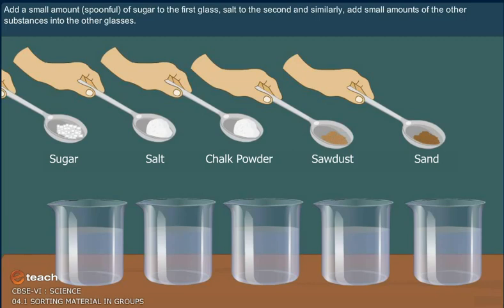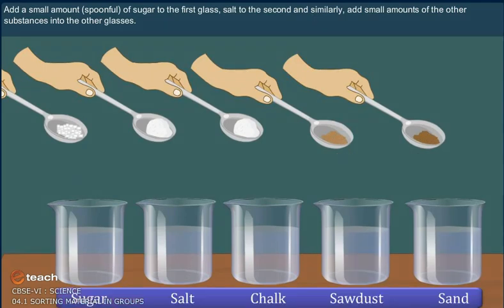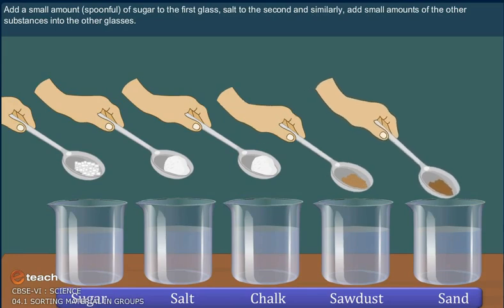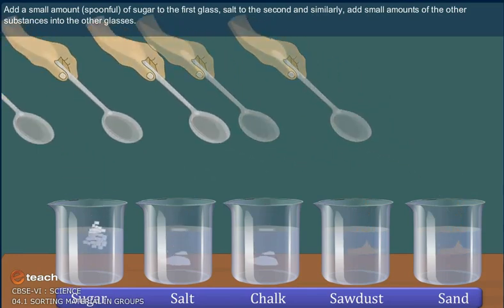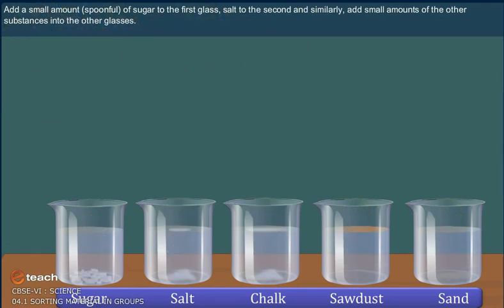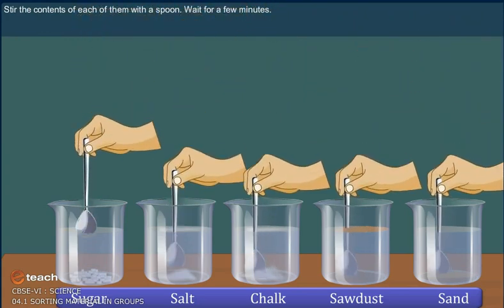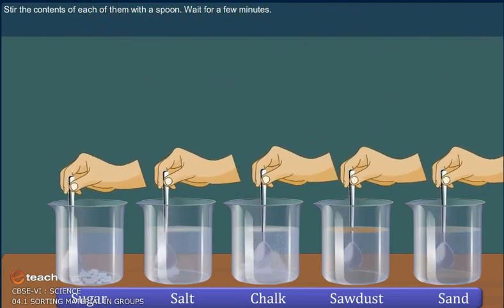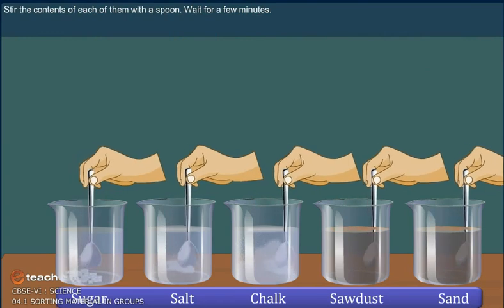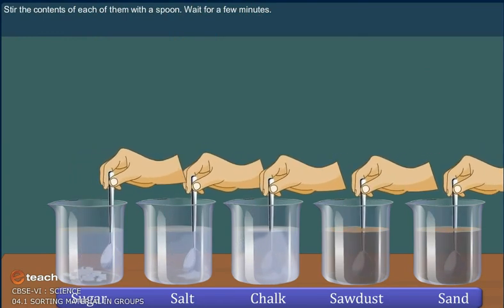Add a small amount of sugar to the first glass, salt to the second, and similarly add small amounts of the other substances into the other glasses. Stir the contents of each of them with a spoon. Wait for a few minutes.